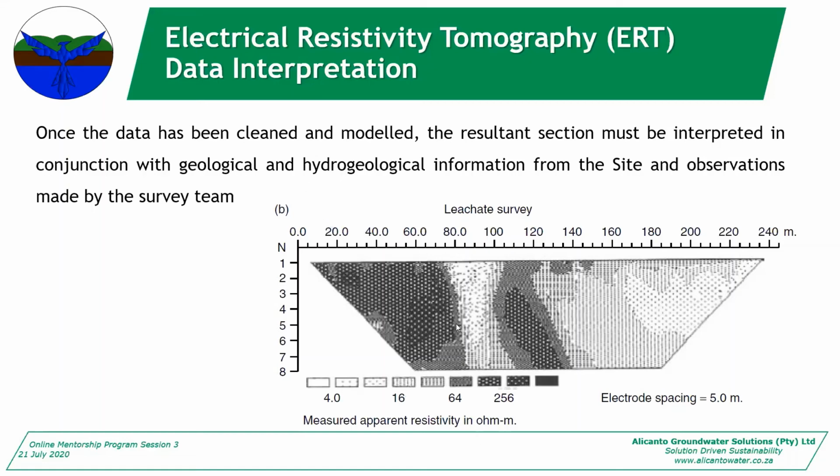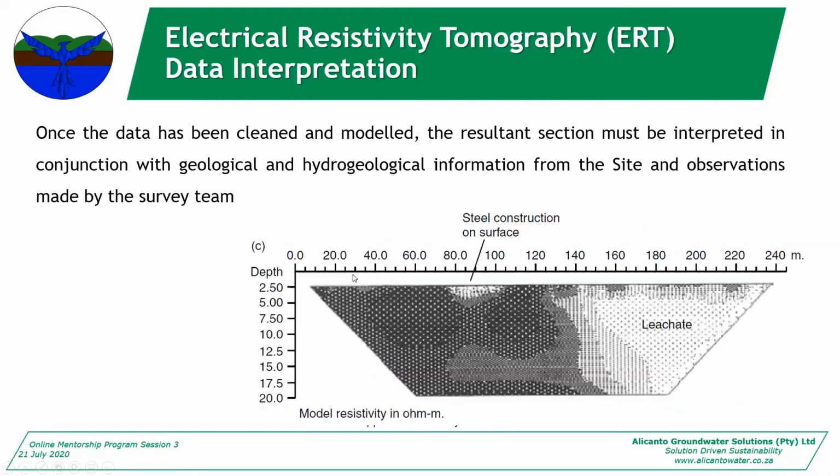This is your measured data, before we do the interpretation and the cleaning up and all those kinds of things. Once we've cleaned it up, we saw that during the survey there was steel construction on the surface. So you see that's actually what it is. And then here's your leachate plume there.